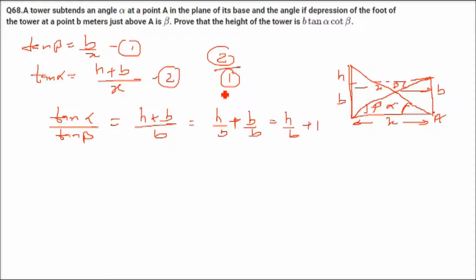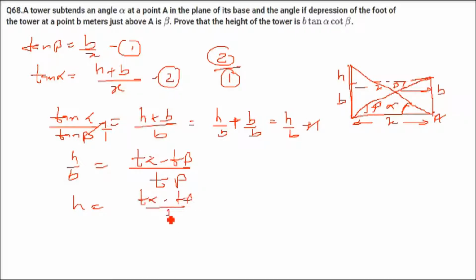So it can be written as H by B plus 1. Now I'm taking this 1 here, so this will be H by B equal to tan alpha by tan beta minus 1. So it will be tan alpha minus tan beta by tan beta. Just multiply this with B. H will be tan alpha minus tan beta by tan beta into B.